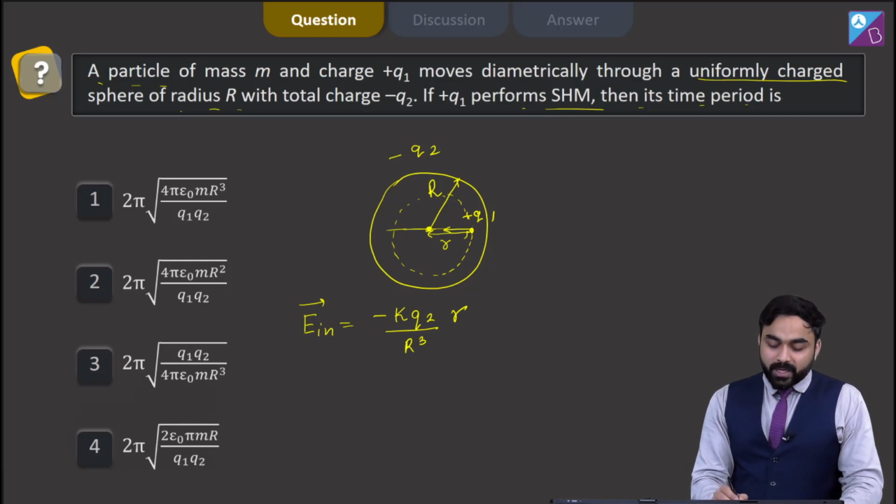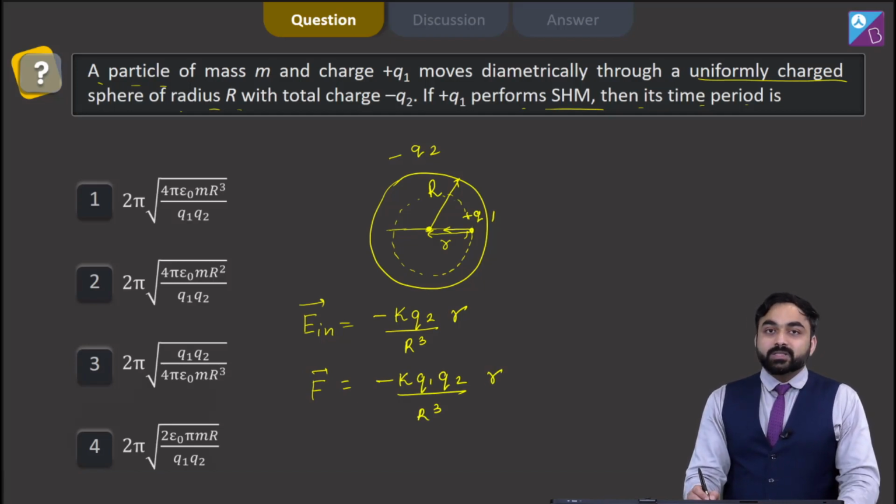Also if we calculate the force acting on q1 charge because of q2 charge, it will be equal to minus k q1 q2 over R cube into r, if we consider the vector form, correct?